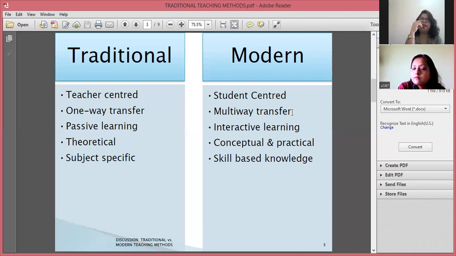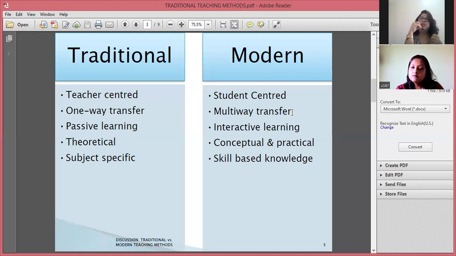And if you see students who have already completed their schools and colleges, and you ask them something from the syllabus, they won't remember. They simply won't be able to answer you, because with the traditional method they have learned only subject specific things. They have only learned that syllabus. Apart from that, they didn't learn anything. That is not their fault.